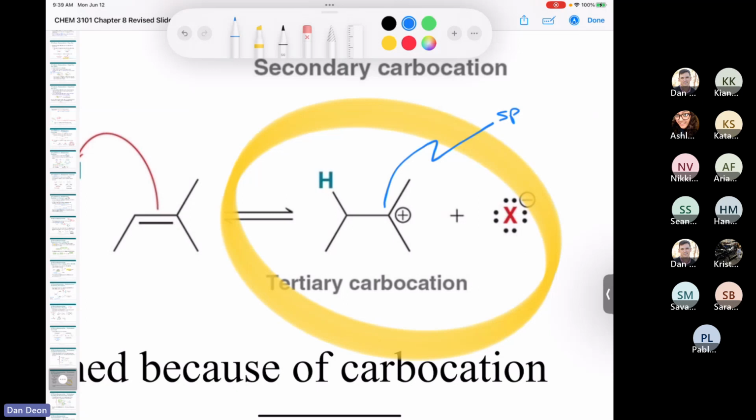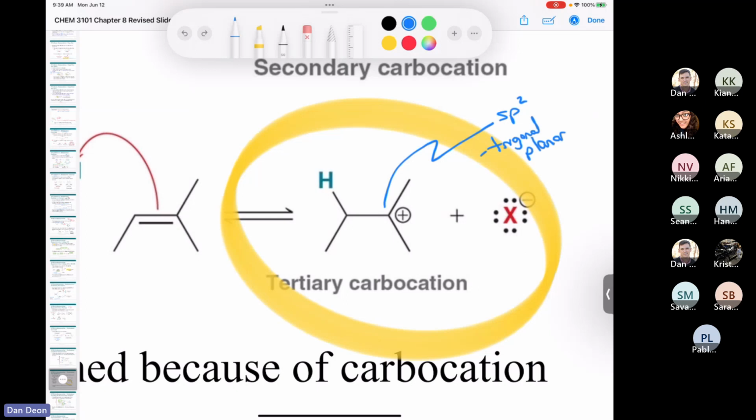Hybridization of a carbocation is sp2. Okay, so if it's sp2, what's the molecular geometry of a carbocation? The molecular geometry is trigonal planar. Yes, thanks, Sean. It's trigonal planar.